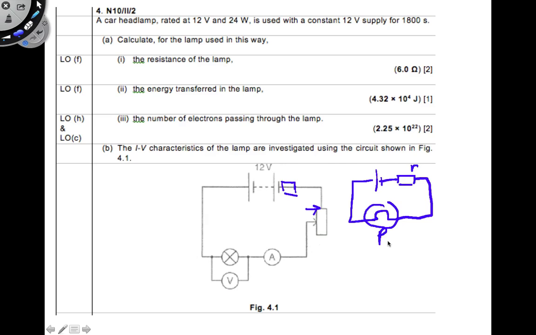When you have such a scenario, the potential difference across your bulb will never be 0, simply because to find this PD, I do VR equals R over R plus r, multiplied by my EMF of 12. This cannot be equal to 12.